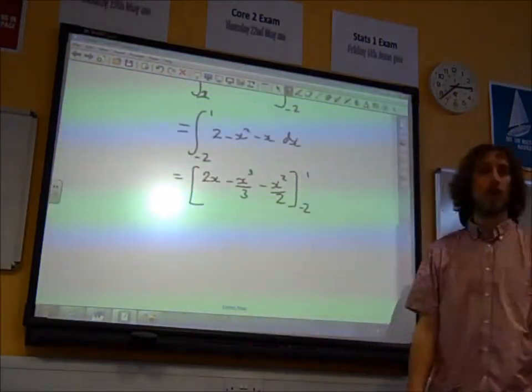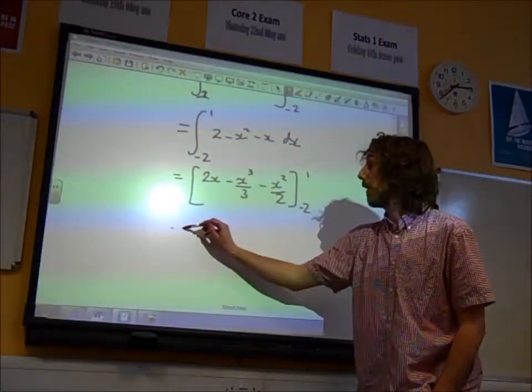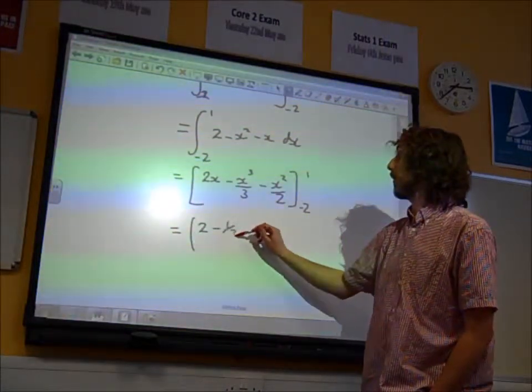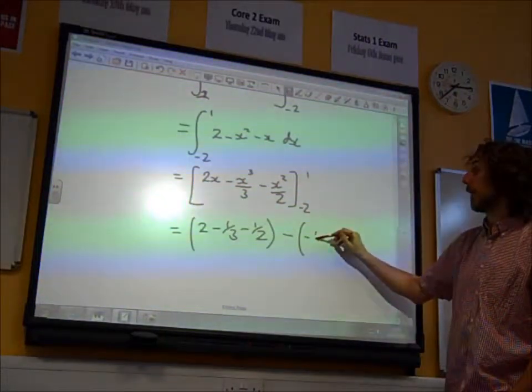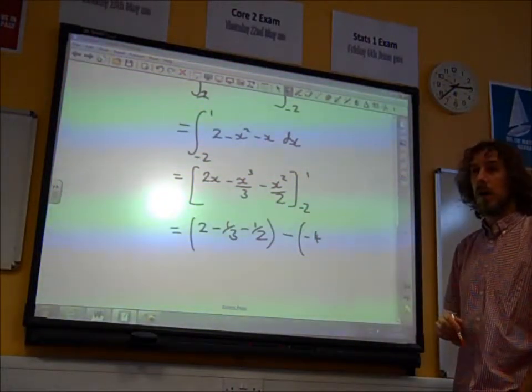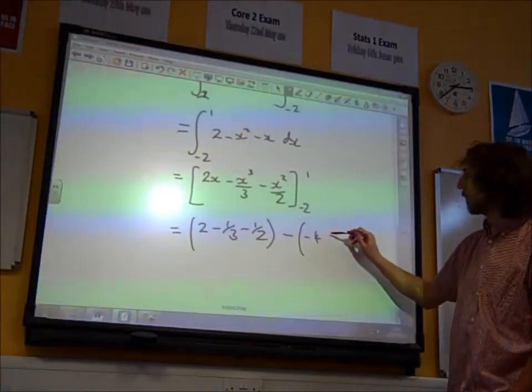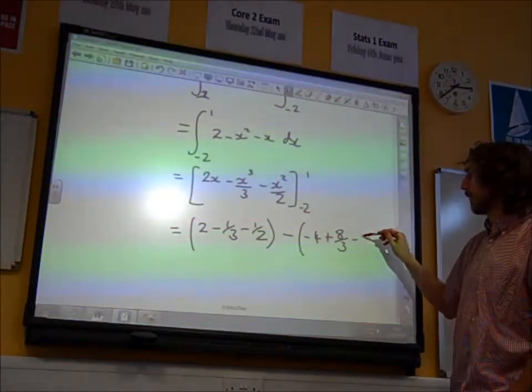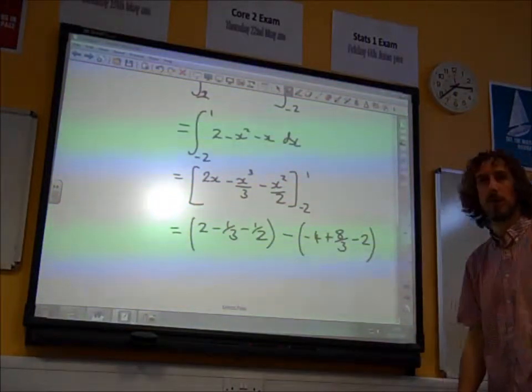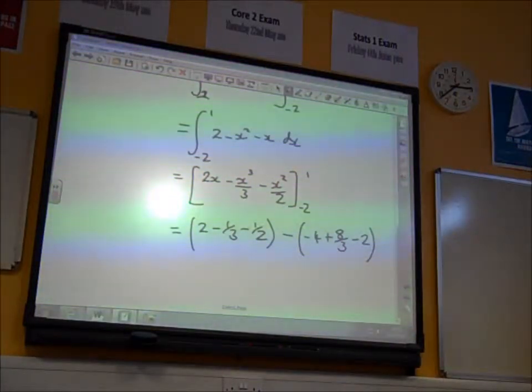Between -2 and 1. And now we just sub the numbers in. So that is 2 minus a third minus a half, take away -4 plus 8 over 3. And then -2, because -2 squared over 2 is just 2.